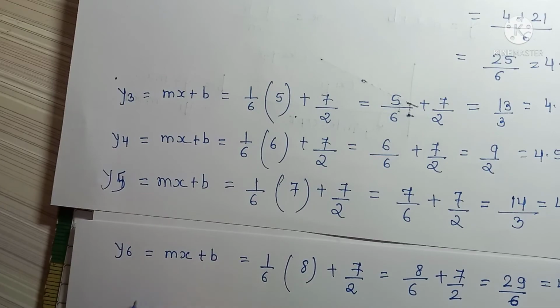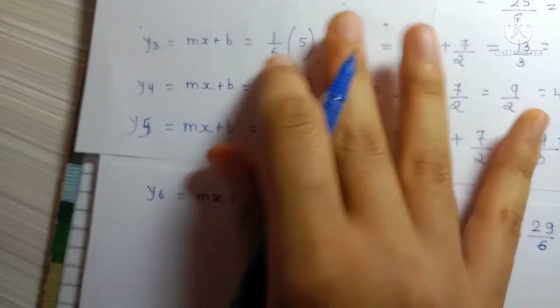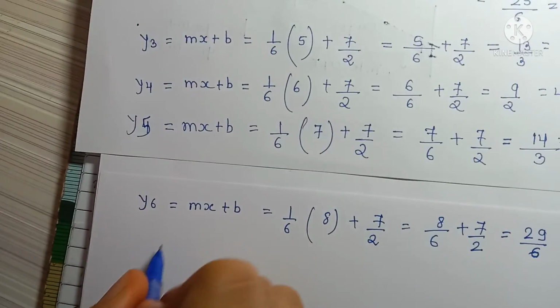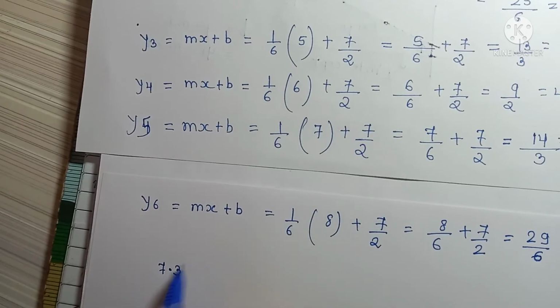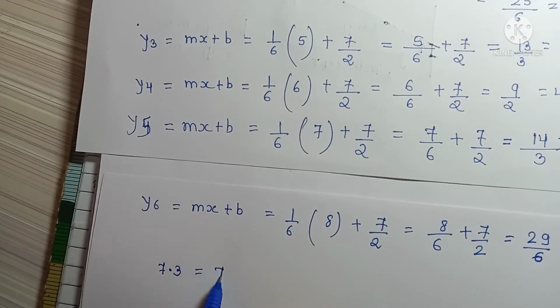How to round it? See, wait, I will show you. For example, if we have 7.3, so 0.3 is less than 0.5. So if the decimal value is less than 0.5, it will remain 7 only.